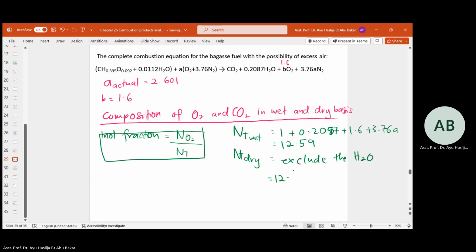Dapat tak? Same. Okay, so then cari O2 and CO2 in wet and dry basis. So you categorize your composition in wet and dry.